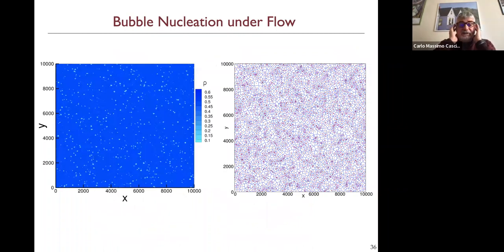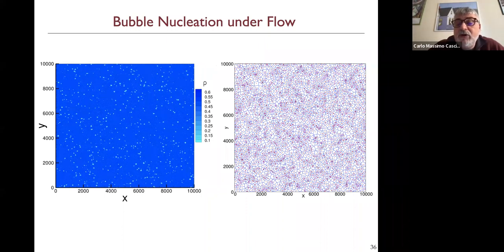So once you have this result, you may want to analyze them in a little bit more detail. So what you see here on the left is one of the walls of the channel, and those small light dots that you see are the embryos of the bubbles, so the critical nuclei. And those critical nuclei on the right are analyzed in terms of a Voronoi diagram. So what we wanted to see was the statistical distribution of those cavitation nuclei.